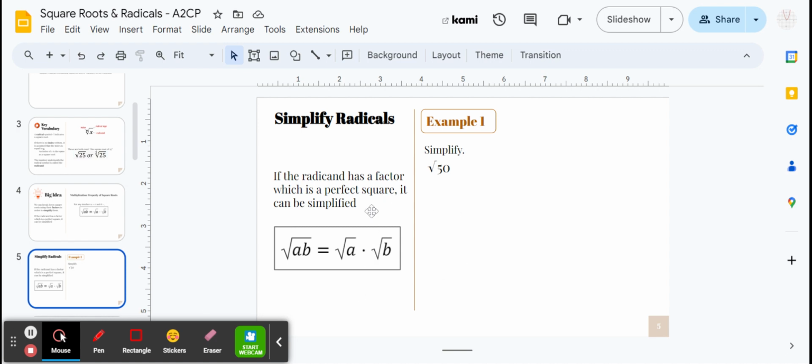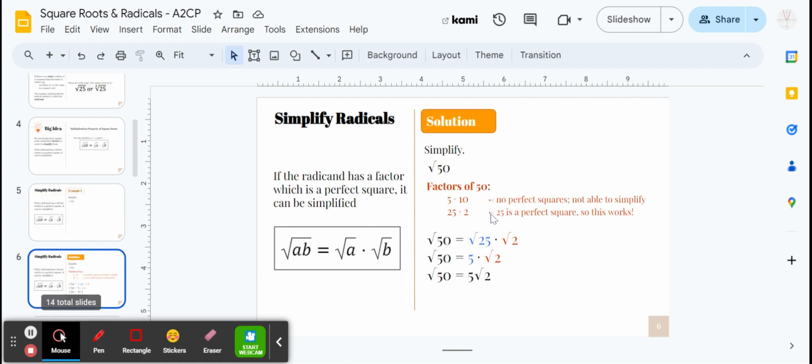So we can use this particular product rule to simplify, say, the square root of 50. Here's how that is done. First, you take the factors of 50. So I'm splitting this 50 into some factor pairs. 5 times 10 is 50, 25 times 2. However, the one that we would use is the one that has the largest perfect square.